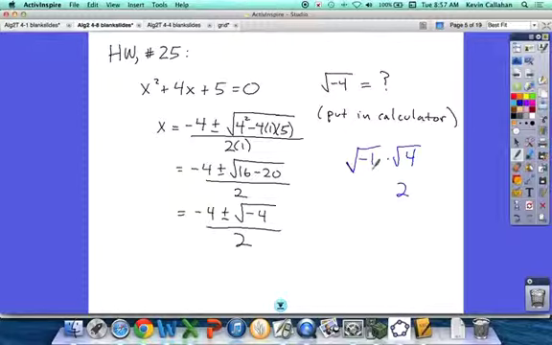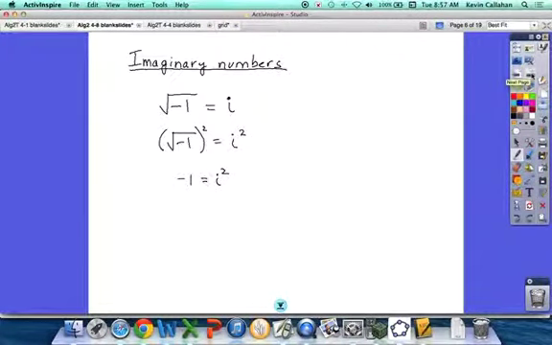So the way we deal with that is we define the square root of -1 as i, the lowercase letter i, which stands for imaginary. Lowercase letter i means imaginary numbers. And imaginary numbers, even though they're called imaginary, have real practical consequences.